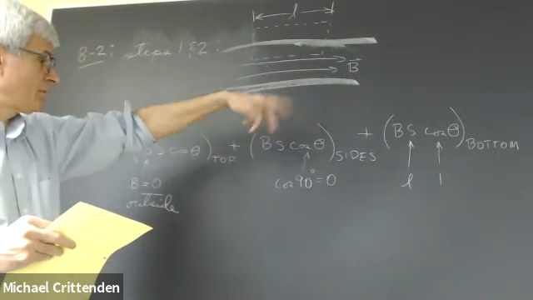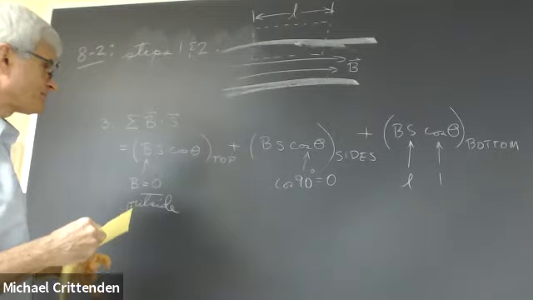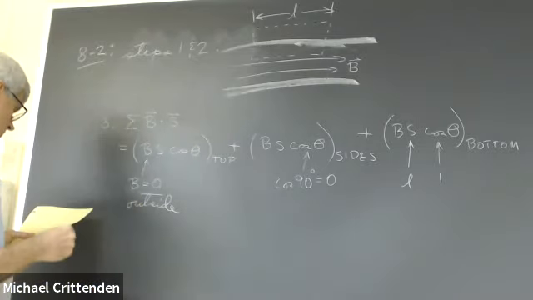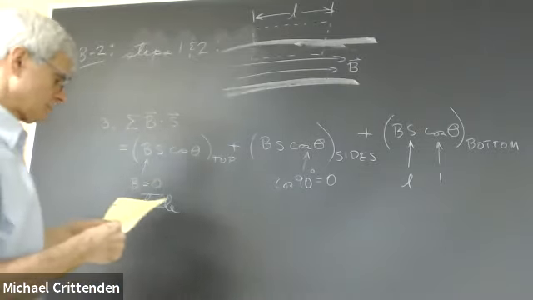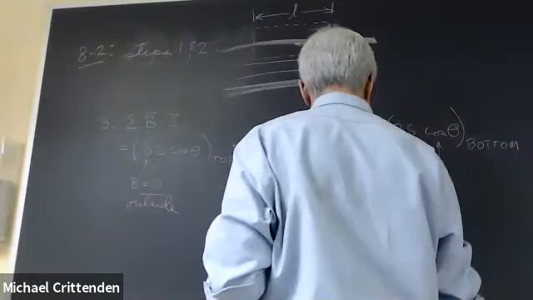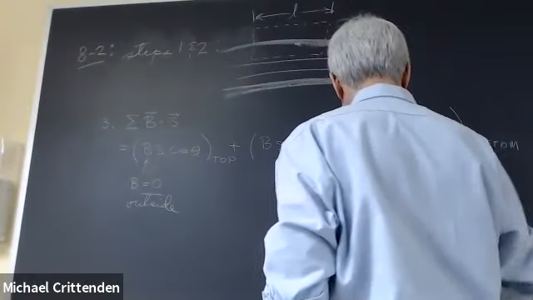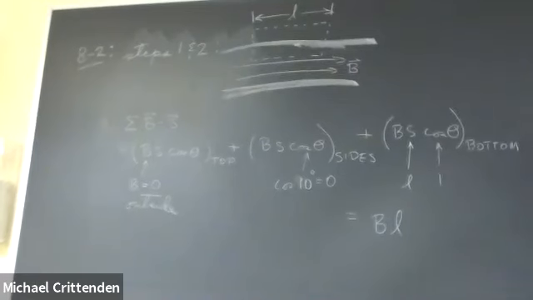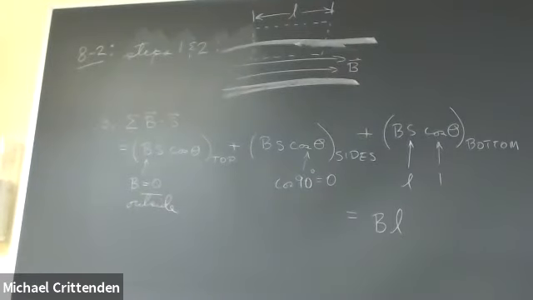And so cosine of 0 degrees gives me 1. And so when you add up all four sides of the path, it's B times L. So that's what's to the left of the equal sign in Ampere's law.